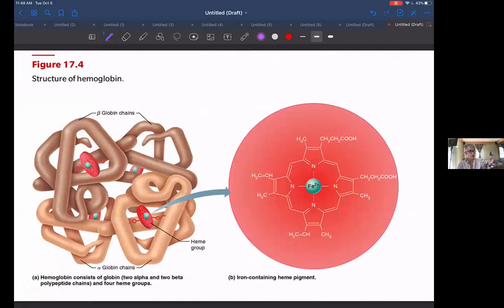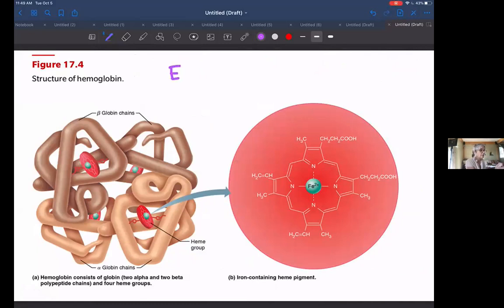This is actually from the chapter in your book on blood. The hemoglobin molecule consists of 4 globular proteins and then the heme group, which contains iron. So the hemoglobin molecule has 4 heme groups. So that means that each hemoglobin molecule can bind to a total of 4 oxygen molecules.